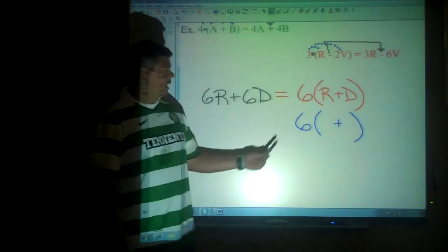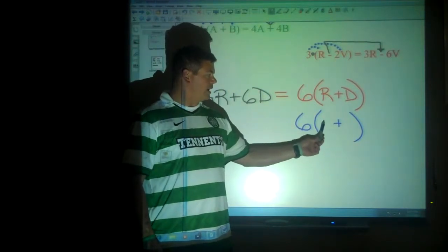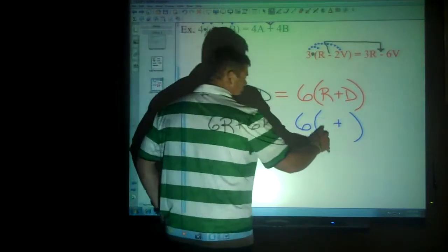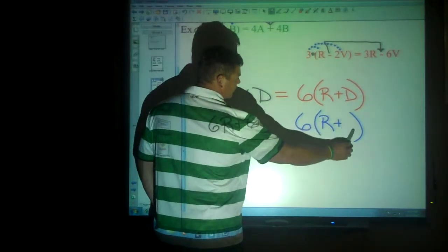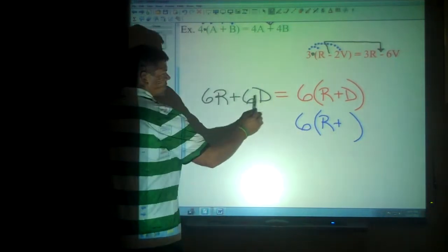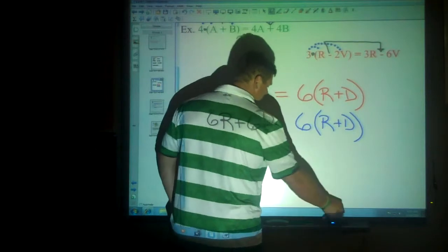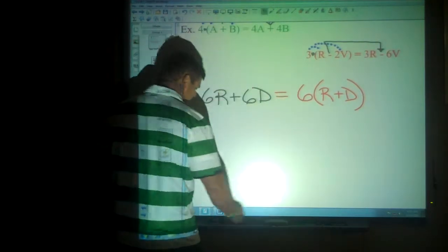If I know 6 is on the outside, what does 6 have to multiply by right here to make 6R? Well, the answer is R. Then I would ask myself, all right, now what does 6 have to multiply by here to make 6D? And the answer, D. That's how I would come up with 6 times R plus D.